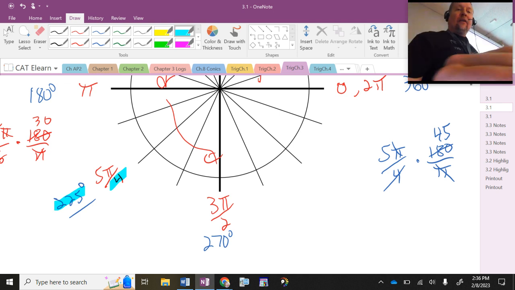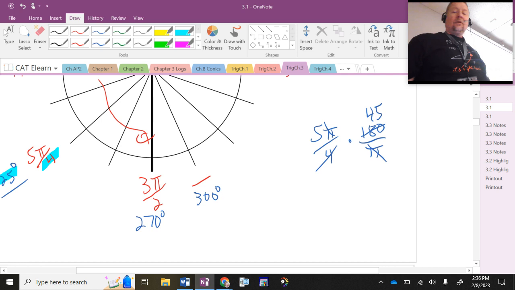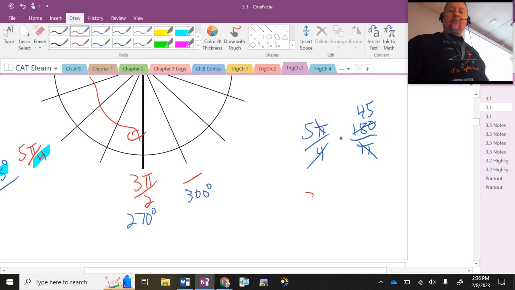Then the last one, we should know that this is 300 degrees, so you have to find the radian measure. Okay, so I got to take 300 degrees and do the flip, pi over 180, so that the degrees can cancel. The 0 cancels.